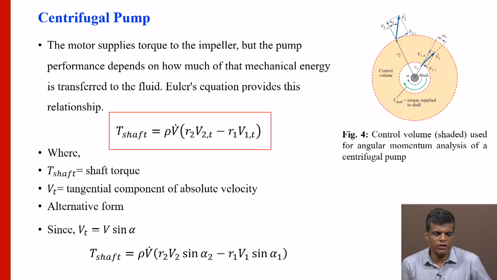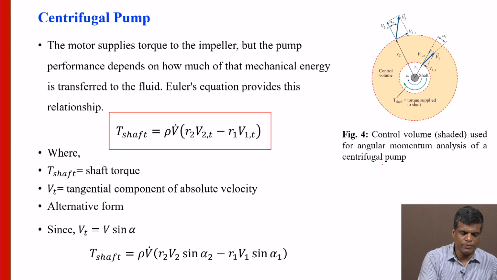Now the torque: how does the centrifugal pump create the torque? The motor supplies torque to the impeller, but the pump performance depends on how much of the mechanical energy is transferred to the fluid.